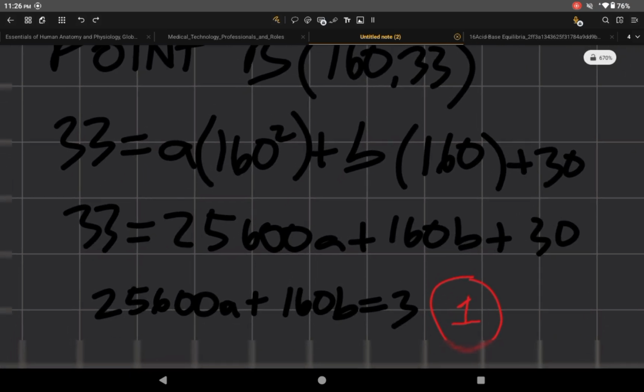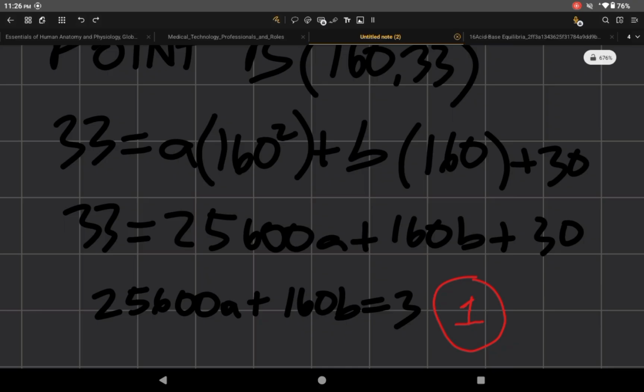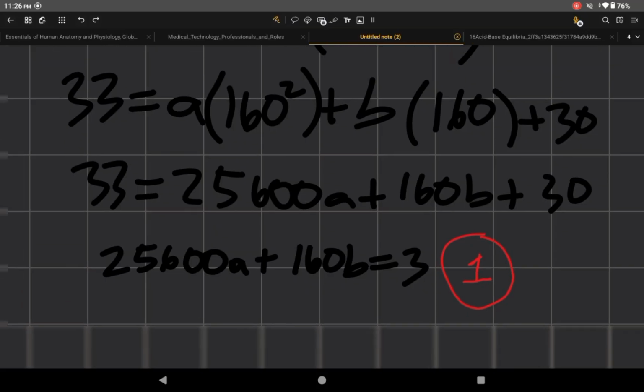Okay. Just compute it on the calculator. What comes out is 25,600a plus 160b is equal to 3. Okay, so that's the first equation.